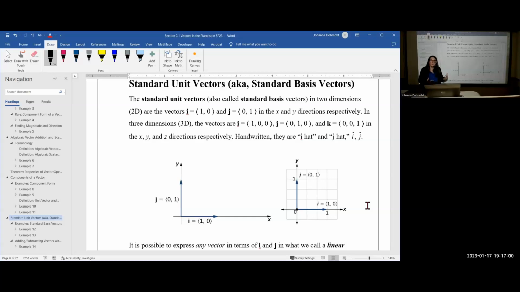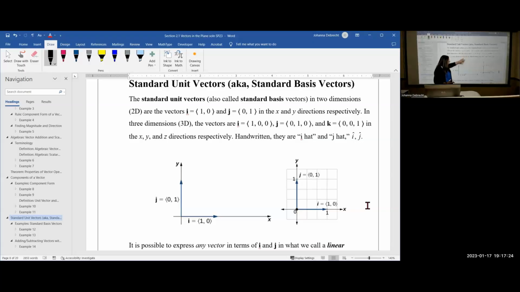Unit vectors meaning 1 unit long, and they point in the direction of the x-axis or the y-axis. In 3 dimensions, they point in the direction of the x-axis, the y-axis, and the z-axis. And you can see them right here in their component form for both 2 dimensions and 3 dimensions. And notice that all the components are 0 except for 1.